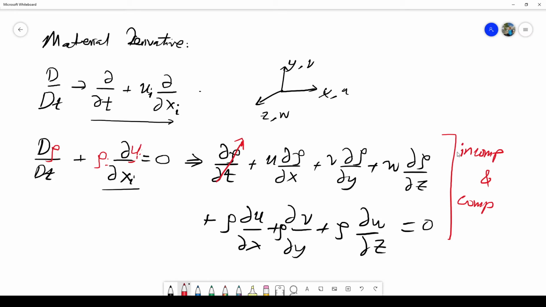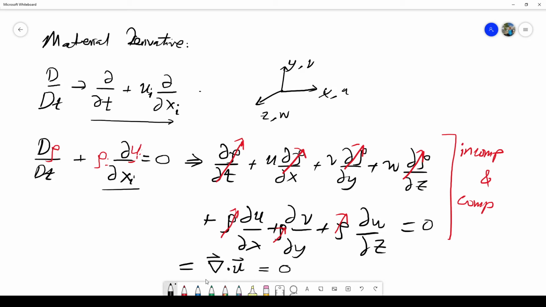Then for the incompressible flow, the density change is very minimal, so we can skip this, and the term rho is a constant, so we can skip the rho. So what is left is just del u over del x, del v over del y, del w over del z, which can also be written as nabla dot u, and this should be equal to 0.